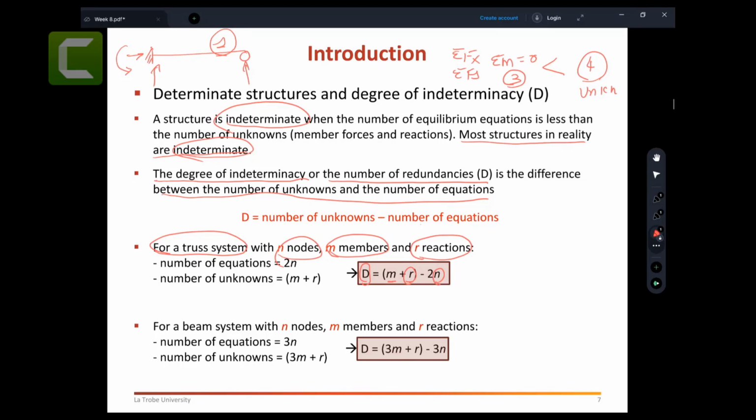But you can just introduce yourself to m plus r minus 2n. And for the beam, if you want to find the degree of indeterminacy D, you have 3m plus r minus 3n, where m is the number of members, r is the reaction forces, and n is the number of joints, right? So let's take examples on that.